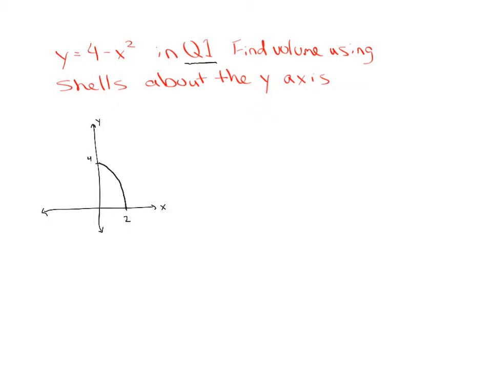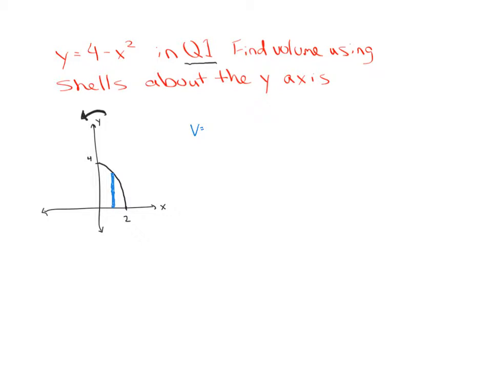But we're spinning this around the y-axis, and we're using shell method, so that means that I'm going to have a vertically aligned rectangle that looks like so. There we go. All right, so what's my formula?